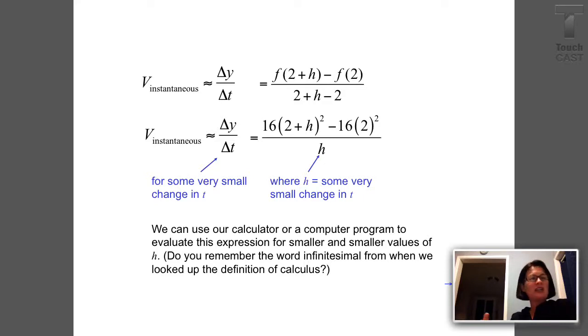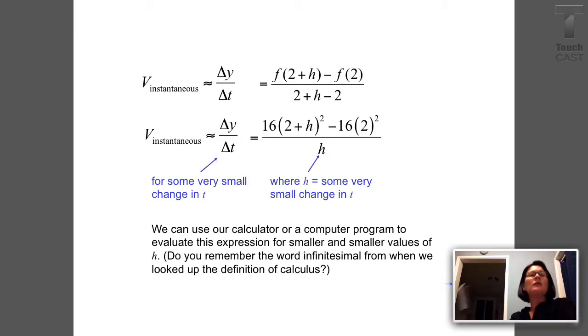What we're going to change about our computation to find instantaneous speed instead of average speed is to let the second time value get closer and closer to the first time value. So if I can figure out what the distance fallen at time equals 2 is, and the distance fallen just the teeniest bit later, that's going to help me focus in on the instantaneous speed at exactly 2 seconds.